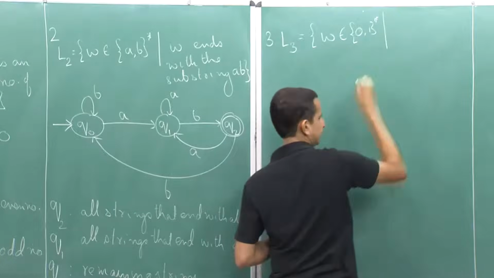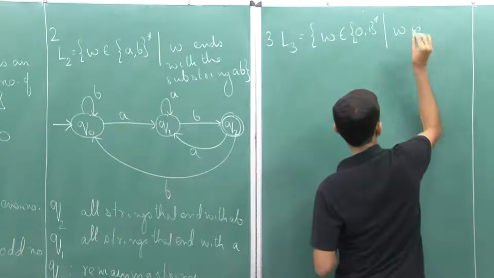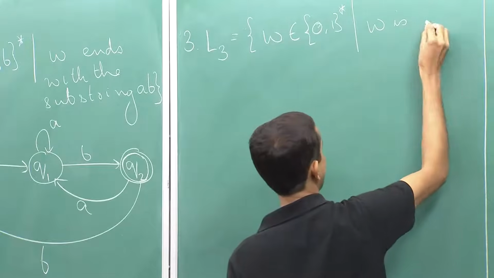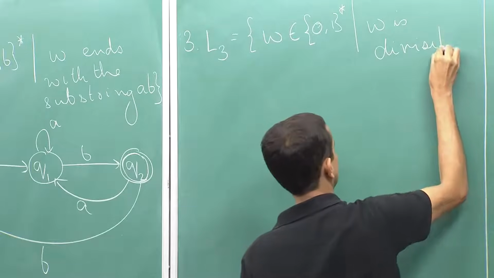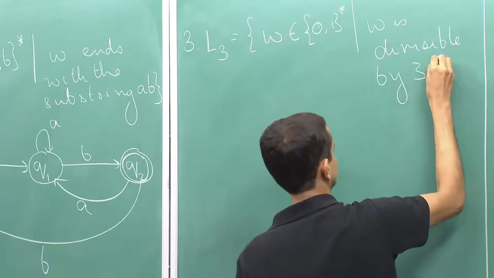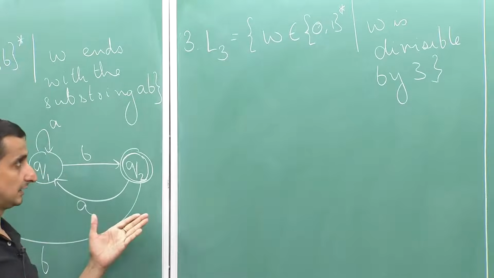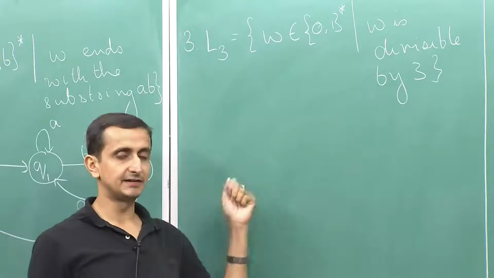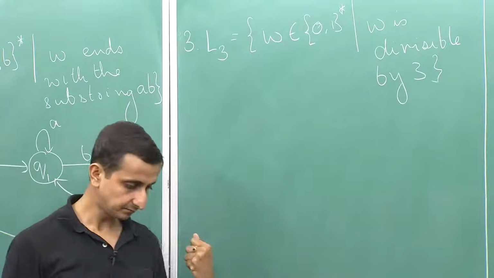So, all binary strings such that W is divisible by 3. Okay. So, if you look at the decimal equivalent of that string, it should be a number that is divisible by 3. Okay.